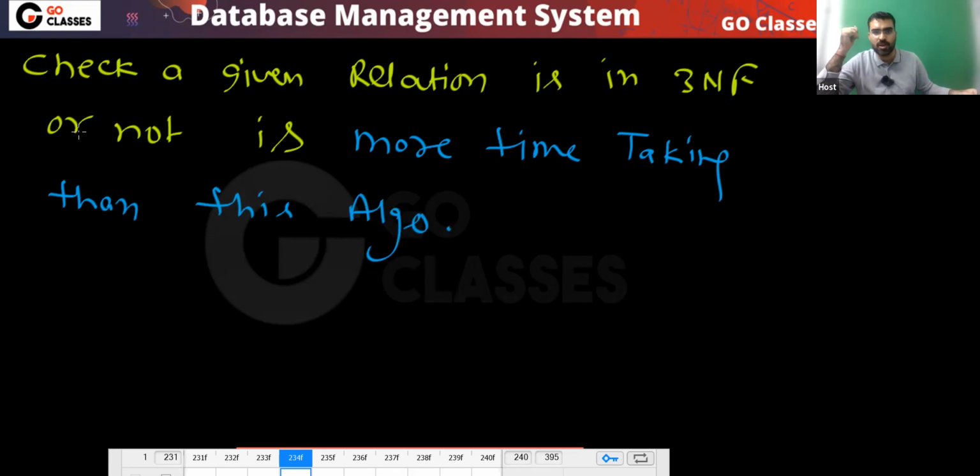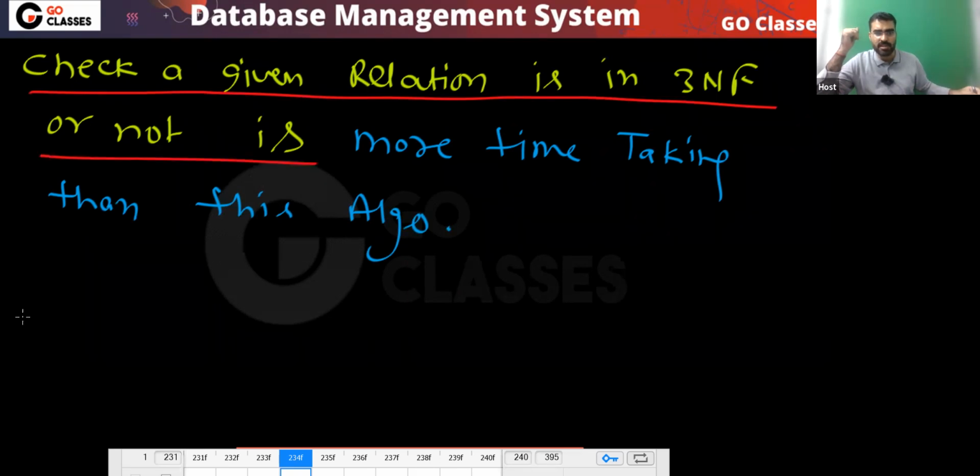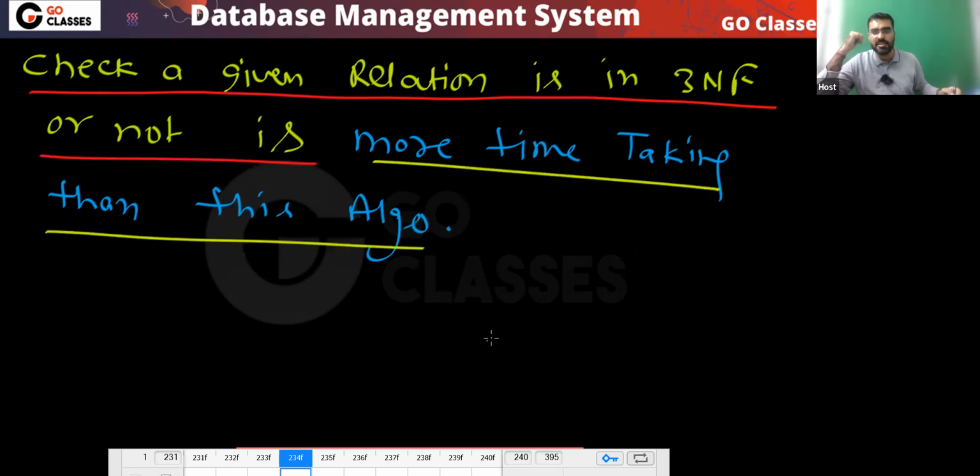Are you getting this point? Remember, that check is actually more time-consuming than this algorithm.